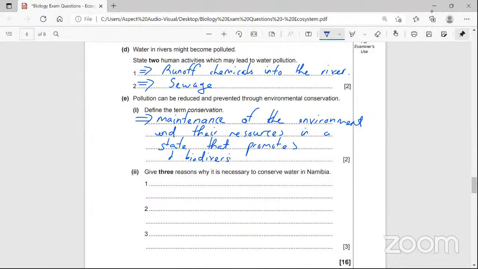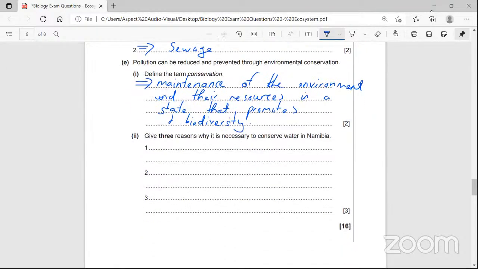Are we together? That's your definition of conservation.